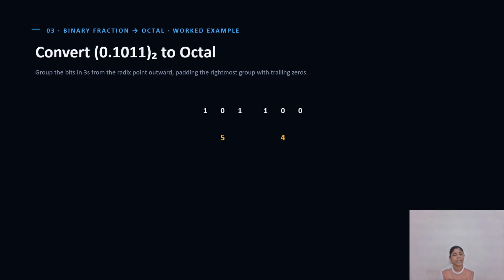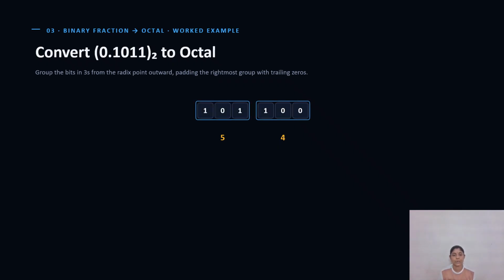So consider the positional values: 2 power minus 1 is 1, 2 power minus 2 is 0, 2 power minus 3 is 1. So 1, 0, 1 is an octal digit. In the next group I have only 1, but if it is octal, I need 3 bits, so I have appended 0, 0. So 101 as well as 100.